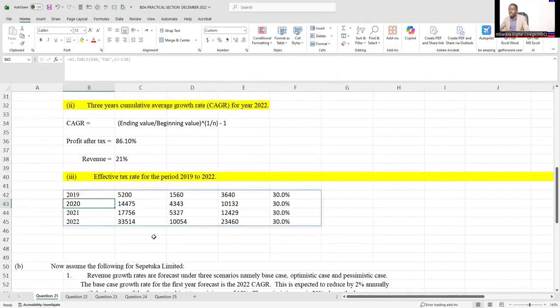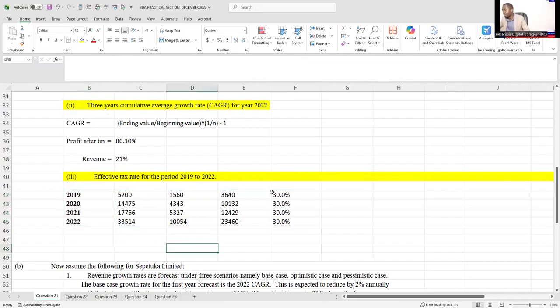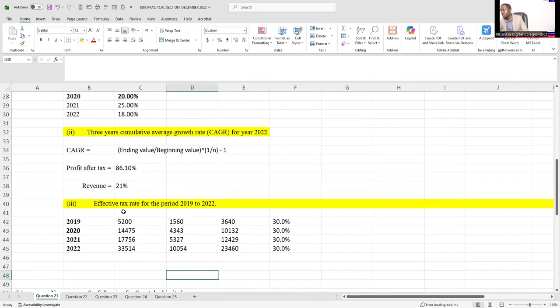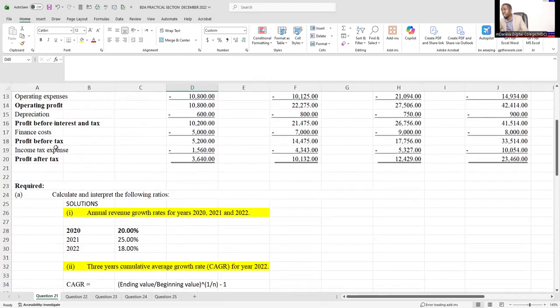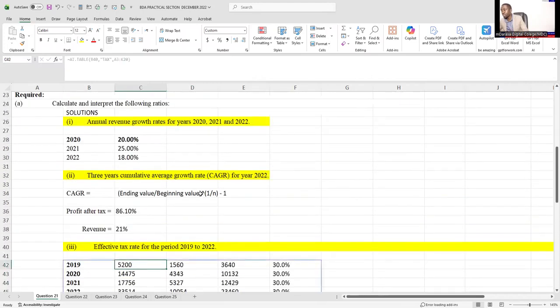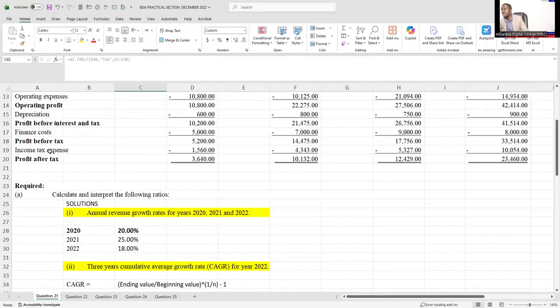And in this case, of course, it's just for helping us in this context. We're having our period there, and we have the effective tax rate at this point. So how has that been done? Of course, we check 5,200. This is profit before tax.